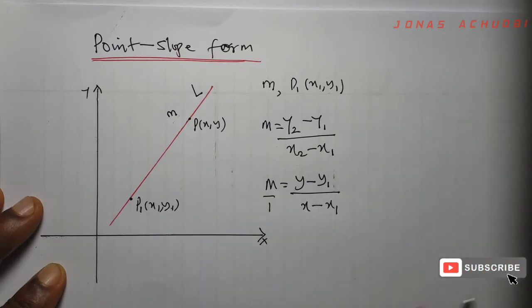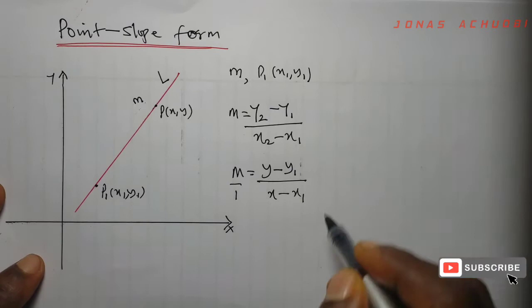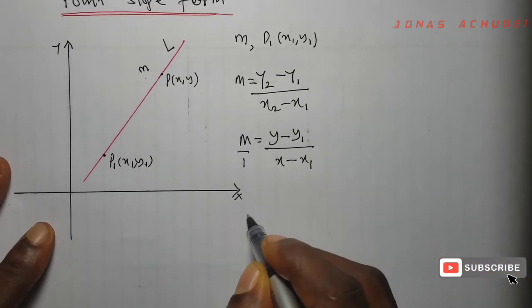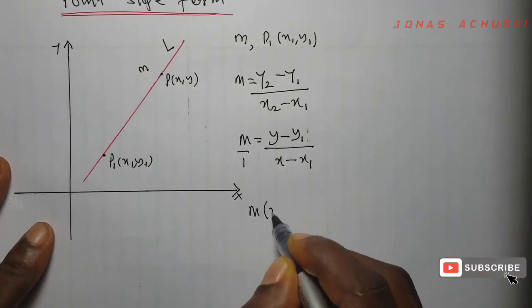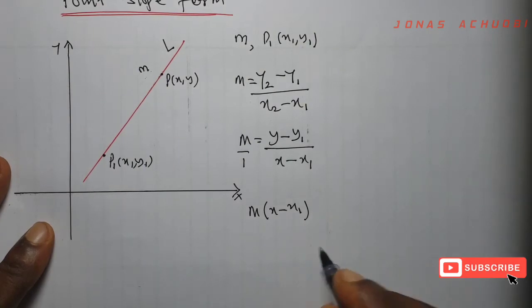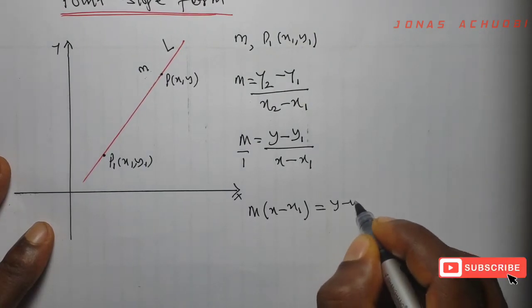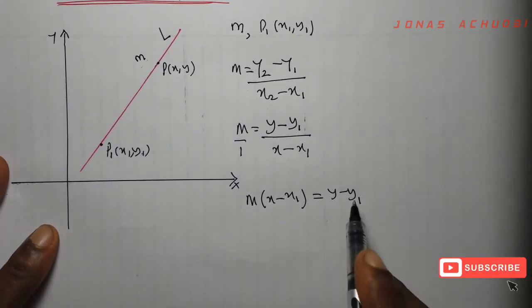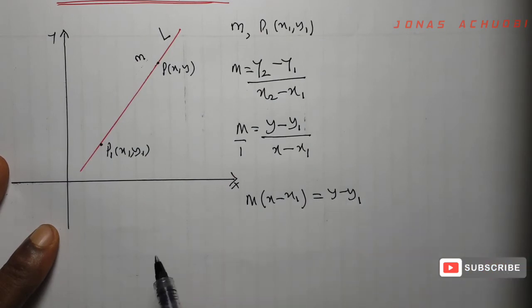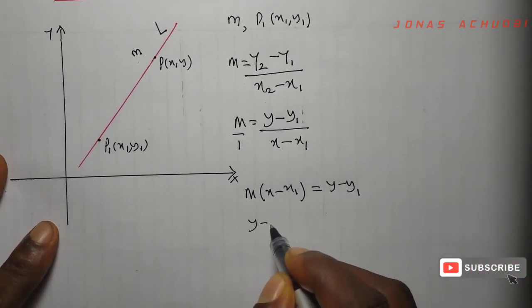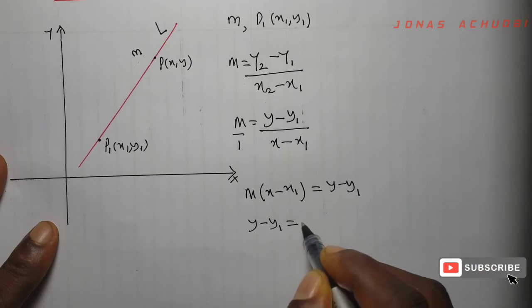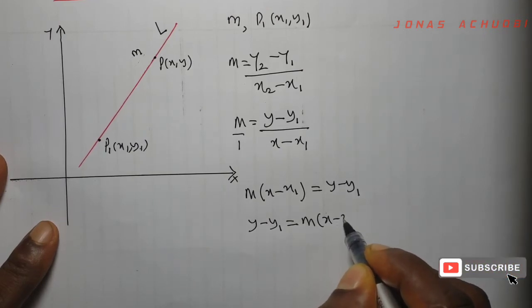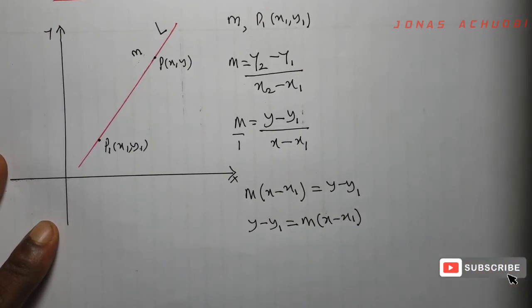If we cross multiply here, we have m into (x minus x1) is equal to y minus y1. If we take the term on the right to the left, we have y minus y1 equal to m into (x minus x1).